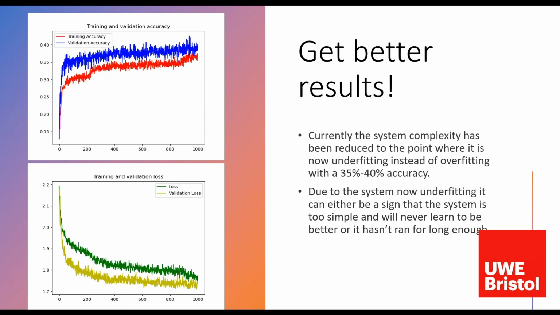I did set it off to do 10,000 epochs, which I was hoping would be done for this video log, but actually my laptop decided it wanted to reset, so I don't have that data. But next week we'll be able to see if it's too simple and it won't learn and I have to go back to the drawing board, or if it just needed to be run longer to train that model to learn all of these identifiers.